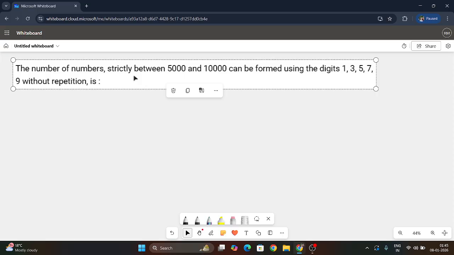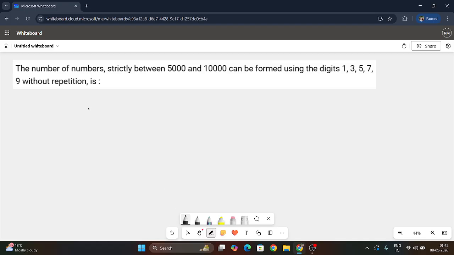Now let's talk about the other problem. The number of numbers strictly between 5,000 and 10,000 that can be found using the digits 1, 3, 5, 7, 9 without repetition. Okay, so first we take the 4 digit number and then 5 digit.